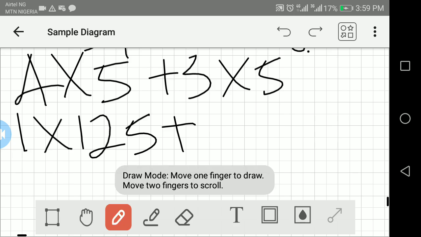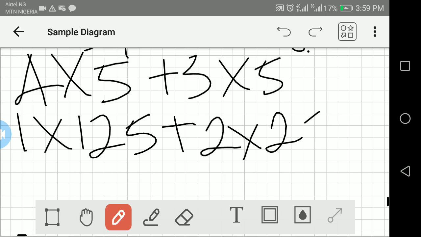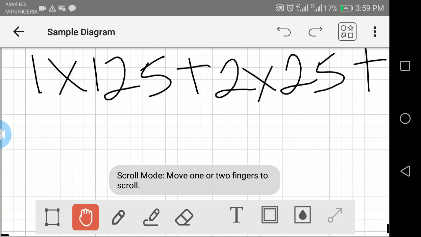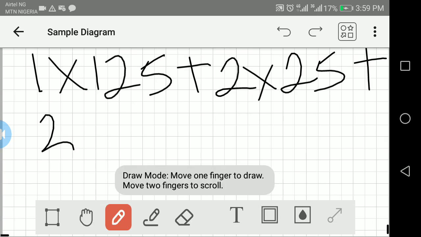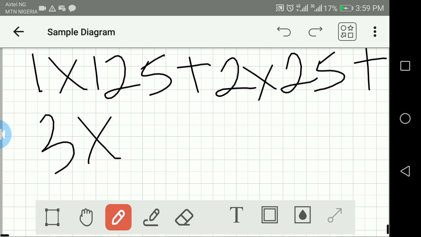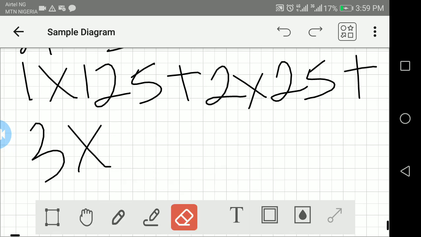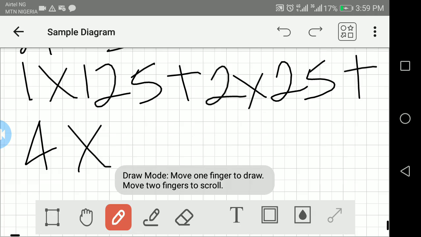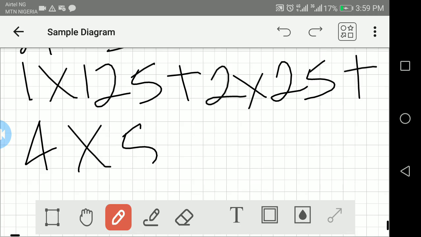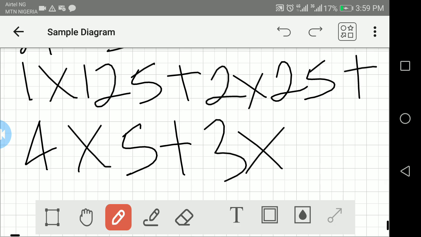That's 5 times 5, so 2 times 5 times 5 is 50. Plus 4 times 5 to the power of 1. 5 to the power of 1 is 5. Any number to the power of 1 is the same number. Plus 3 times 5 to the power of 0 is 1. Any number to the power of 0 is 1. That is the zero index law, which states that any number to the power of 0 is simply 1.